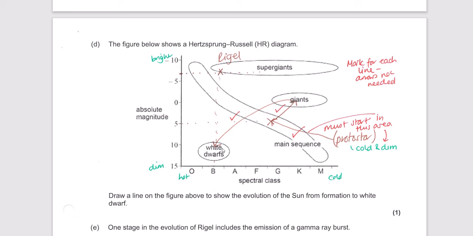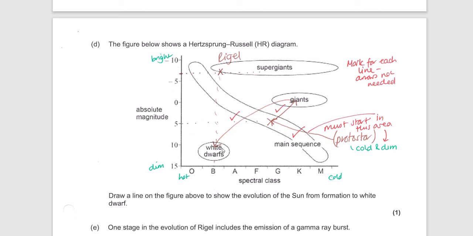So remember, the HR diagram has some funny scales. Once again, they are logarithmic, and the y-axis is essentially brightness or luminosity, or here absolute magnitude. The higher up the axis, the brighter the star, the lower down the axis, the dimmer the star.